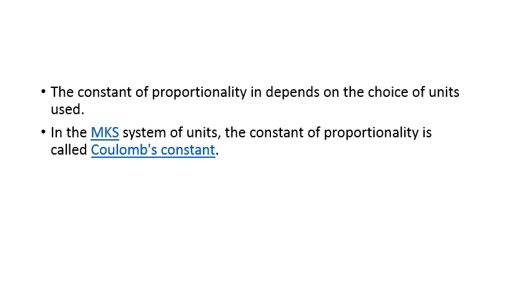As we have used the constant of proportionality k, this depends on the choice of units used. In the MKS system of units, the constant of proportionality is called the Coulomb constant.